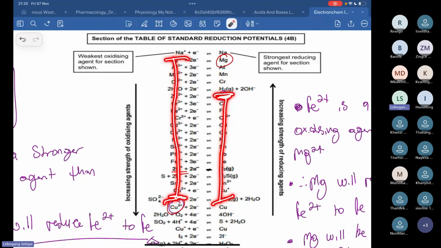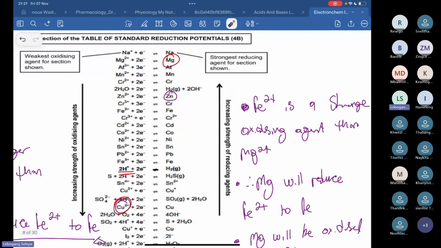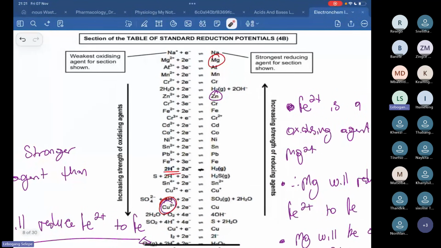The cell with a longer distance between the substances would have a bigger E cell. So the E cell would be larger if I use Mg and Cu2+. The reasoning is that Mg is a stronger reducing agent than Zn. That's how you'd explain it. So that's point number one.